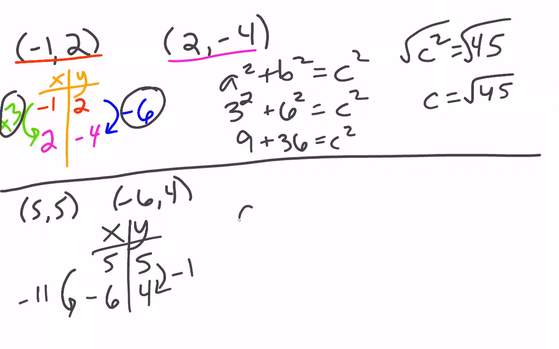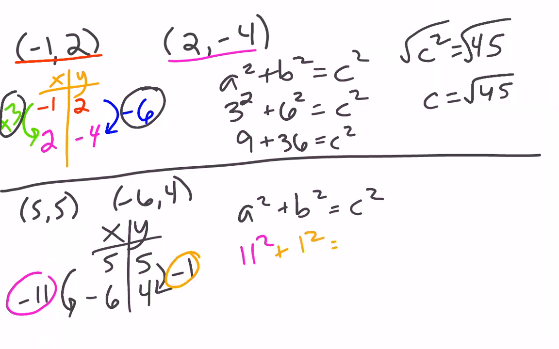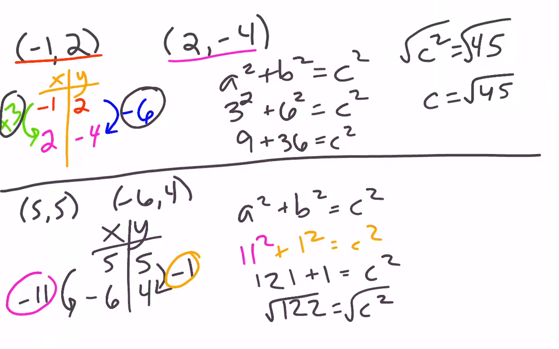And when I put that into a squared plus b squared equals c squared, once again, I don't need those negatives. It's just going to be 11 squared plus 1 squared equals c squared. So 11 squared is 121. 1 squared is 1. So c is going to be the square root of 122.